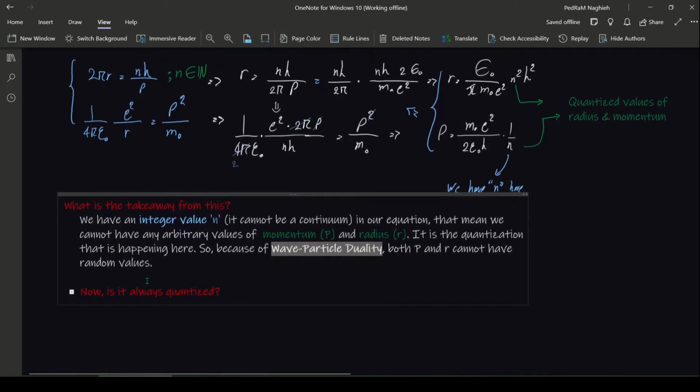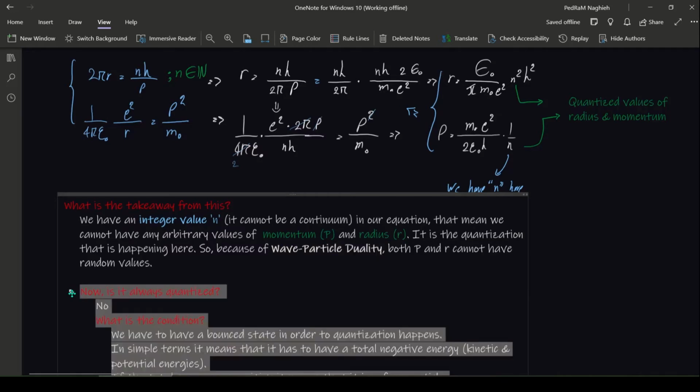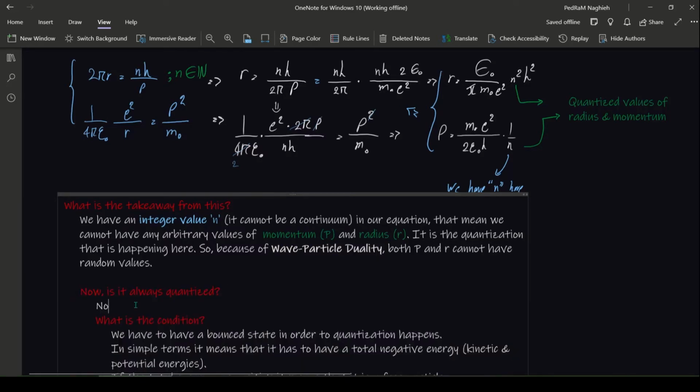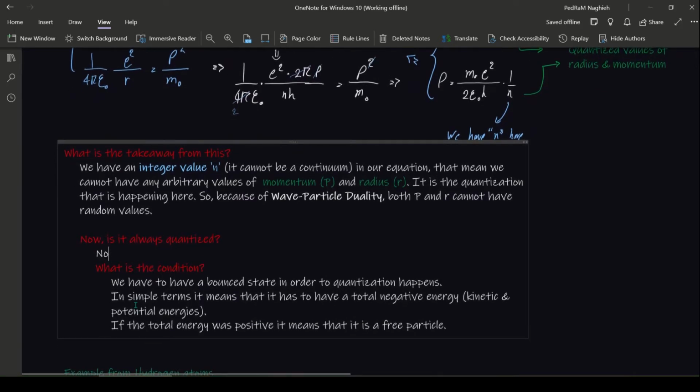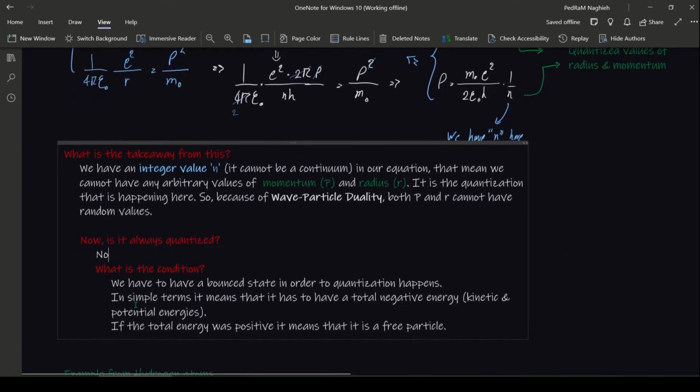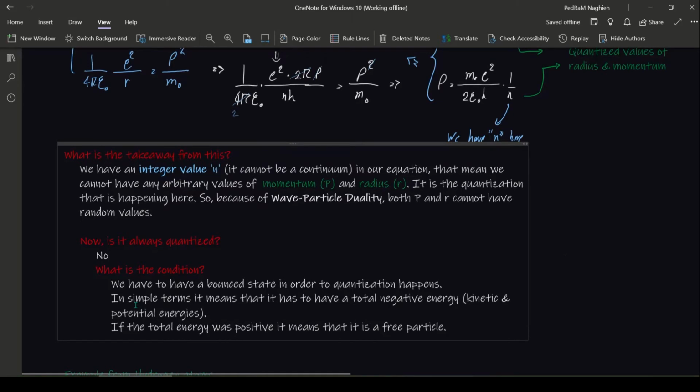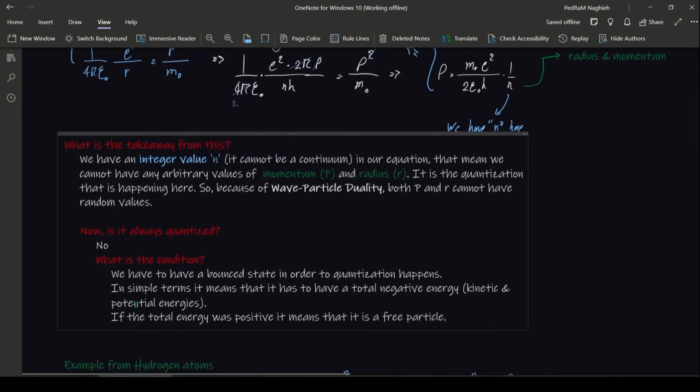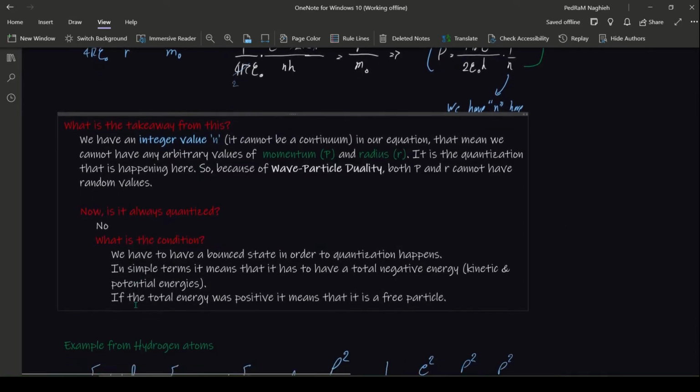Alright, now is it always quantized? Well, no. What is its condition? We have to have a bound state in order for quantization to happen. In simple terms, it means that it has to have a total negative energy, kinetic and potential energy.